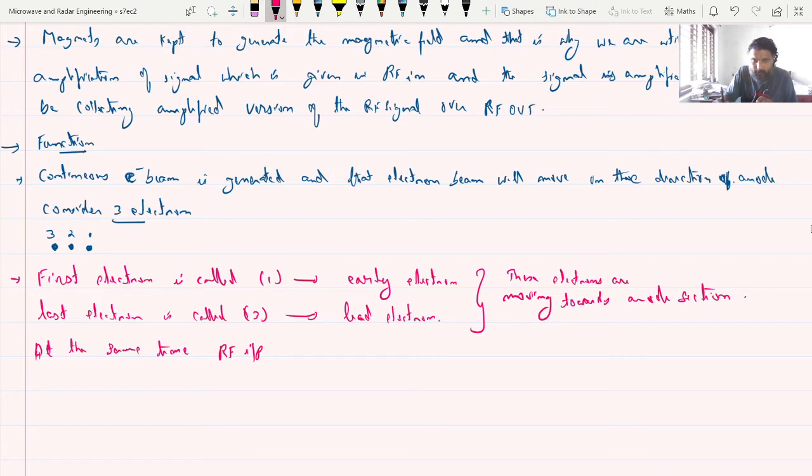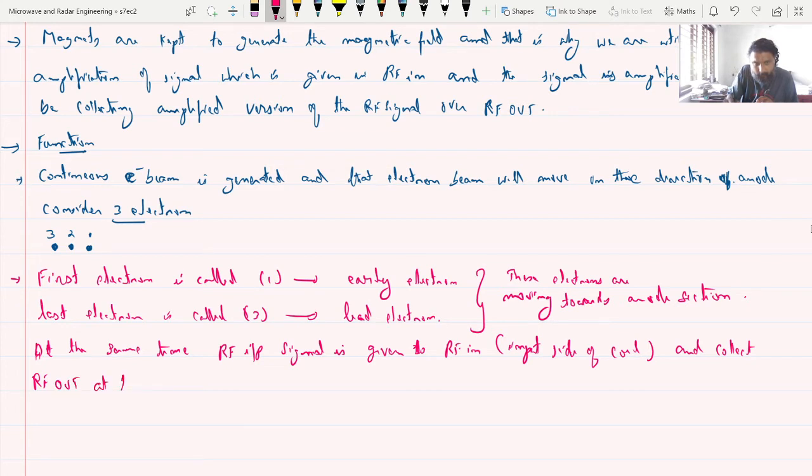The RF input signal is given to RF in, the input side of the coil, and we collect the RF out at the output section. I think it's clear for you.